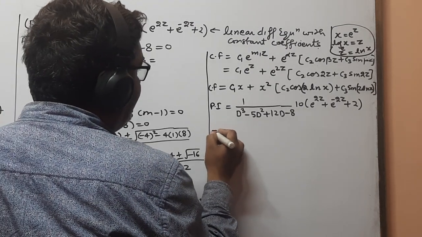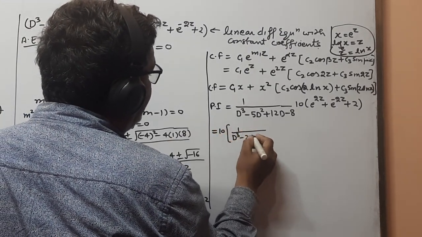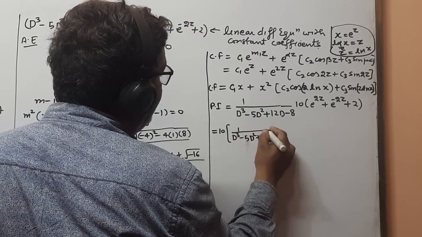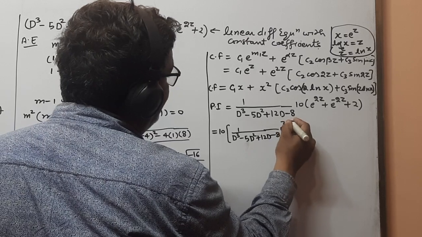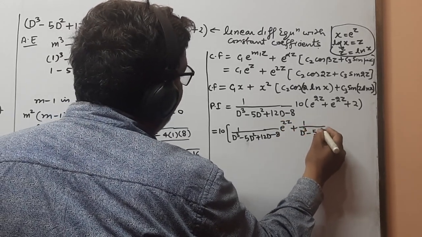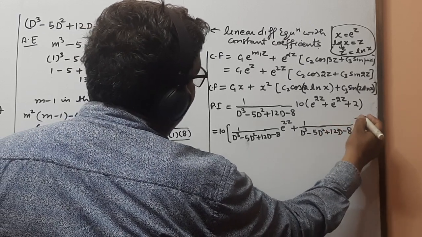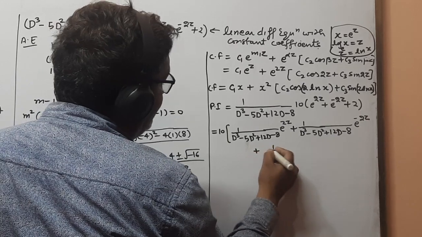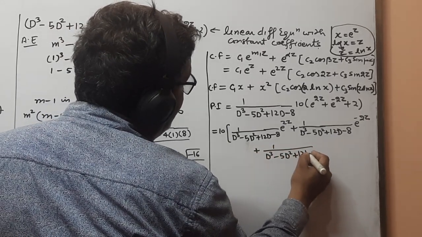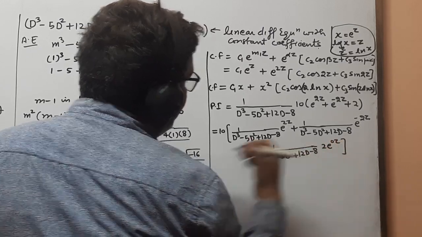Now this can also be written as 10 times 1 upon d cube minus 5d square plus 12d minus 8 times e to the power 2z, plus 1 upon d cube minus 5d square plus 12d minus 8 times e to the power minus 2z, plus 1 upon d cube minus 5d square plus 12d minus 8 times 2 e to the power 0z.